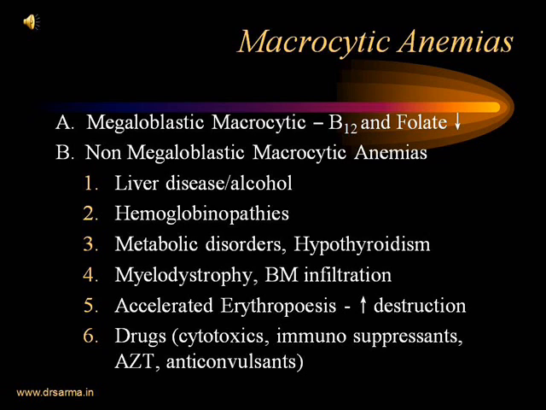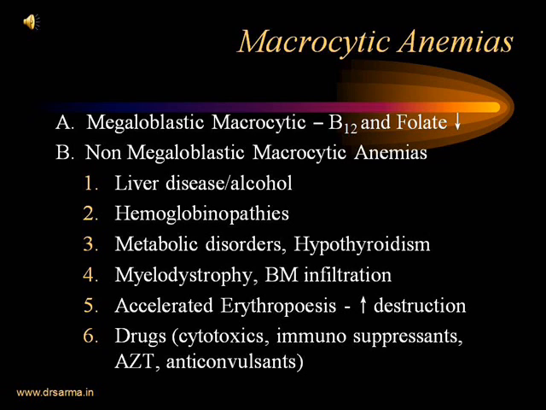The developmental stages of the RBC are replaced by bigger cells which are called megaloblasts. Not only does the peripheral blood picture show larger cells in the form of macrocytes, the bone marrow also shows the precursors to be of larger size. They are called the megaloblasts. So, megaloblastic macrocytic anemia, the commonest causes are B12 deficiency and folate deficiency.